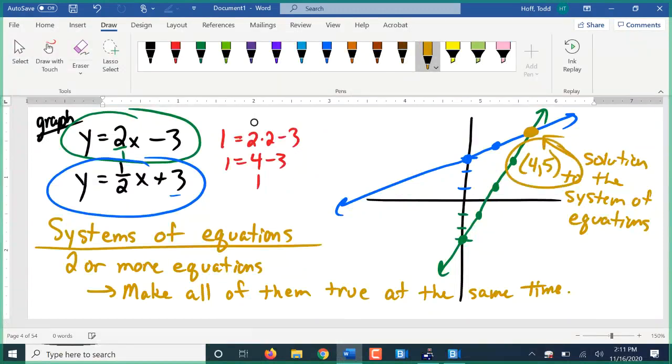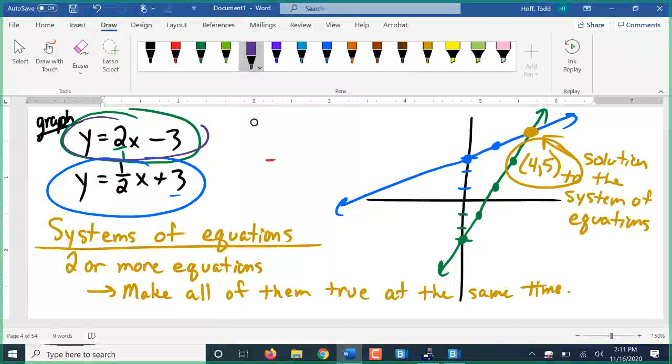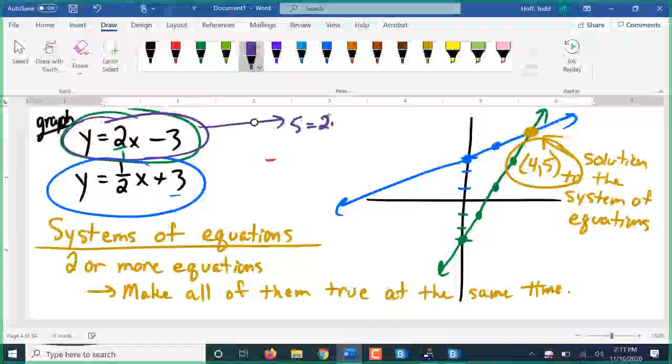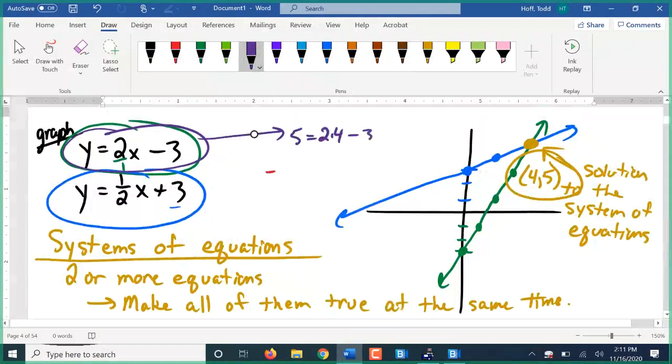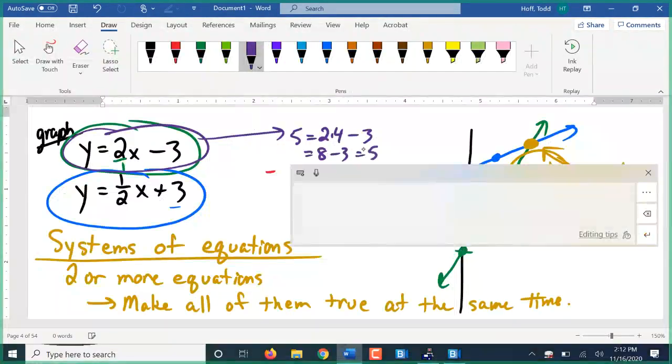If I want to test that, I can come back to my original equations over here and see if that point makes each of them true. So for this one, is y 5 when x is 4? 2 times 4 is 8, minus 3 is 5. So yes, it is true. I get 5 on both sides of that equation.